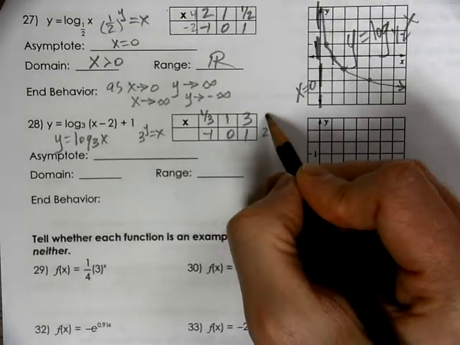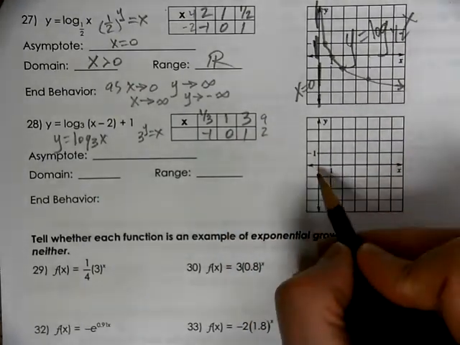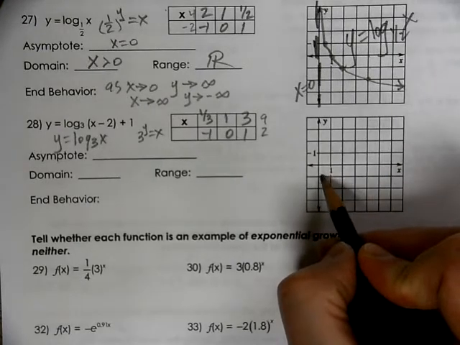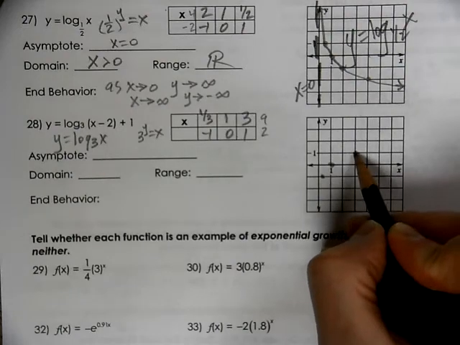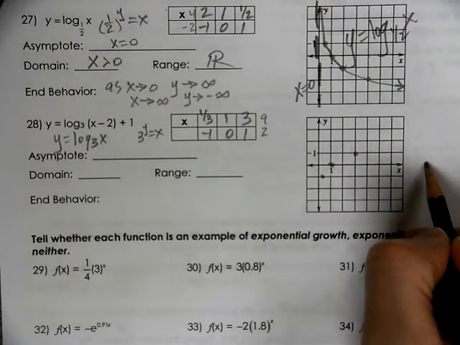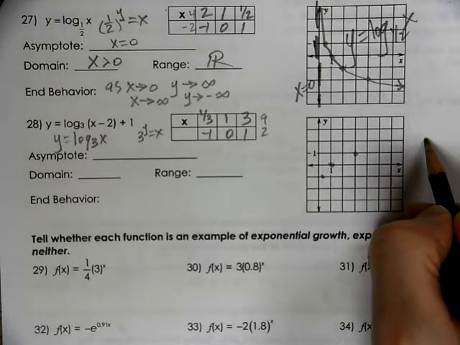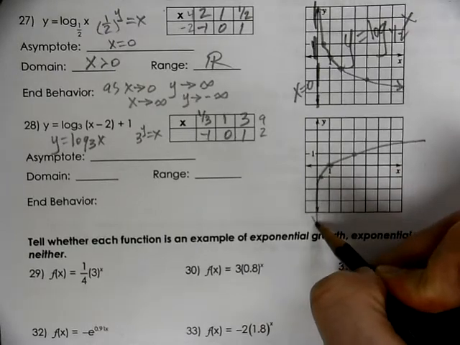When x is 2, we're out at 9, just to grow it a little bit further. So when x is small, we're at -1, 0. That's 3, 4, 5, 6, 7, 8, 9. We're up at 2. So that gives us an idea of where this line should come through.